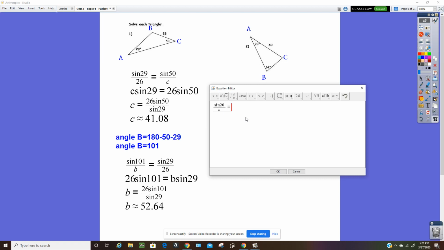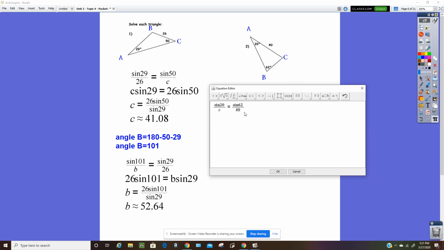So you're going to use law of sines because the information that's given is angle, angle, side here. So the other ratio I'm going to do is sine of 62 over 40.